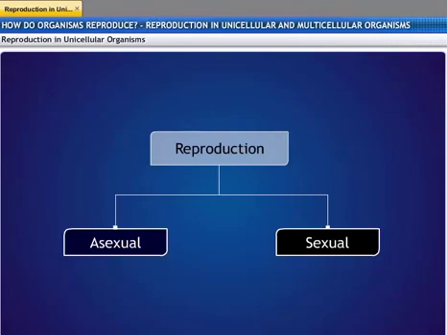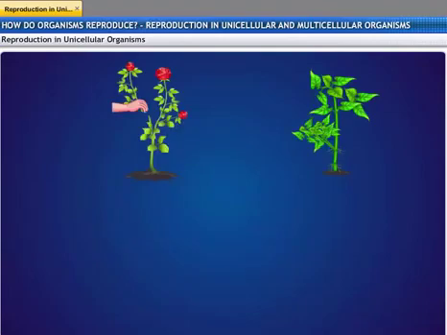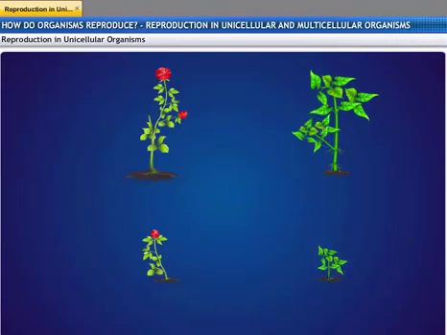Living organisms can reproduce in two modes: asexual and sexual. The asexual mode of reproduction is when a single individual is responsible for creating a new generation of species. For example, new plants are grown without the production of seeds.